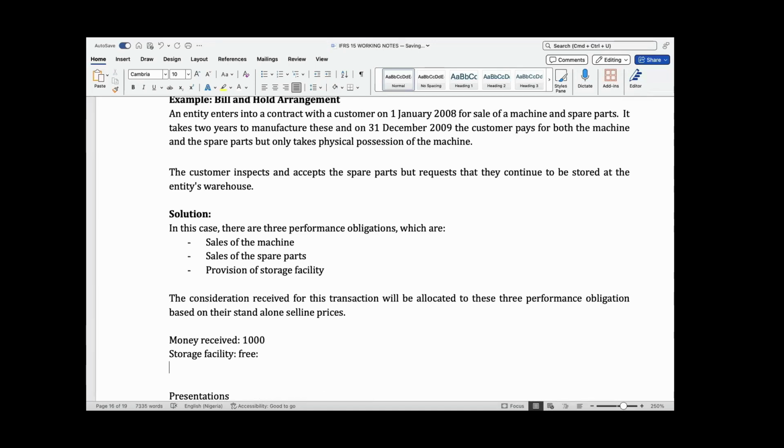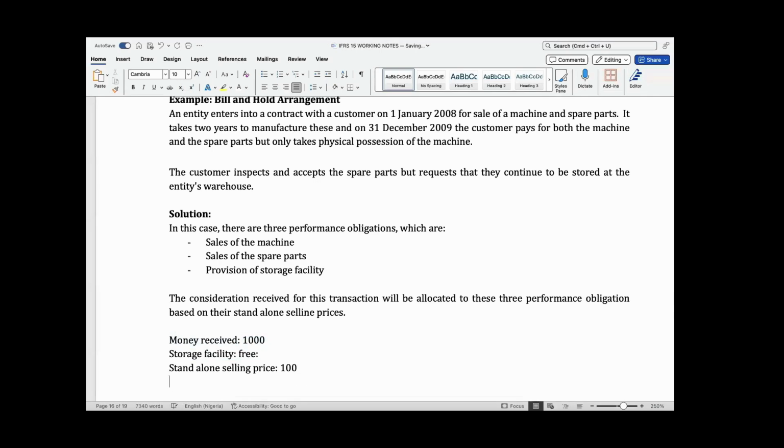However, if you're going to charge for this storage facility separately, let's say the standalone selling price is 100 naira, right? So even though you are providing this storage facility free, you see this 1,000, you need to recognize it between the goods and also the storage facility.